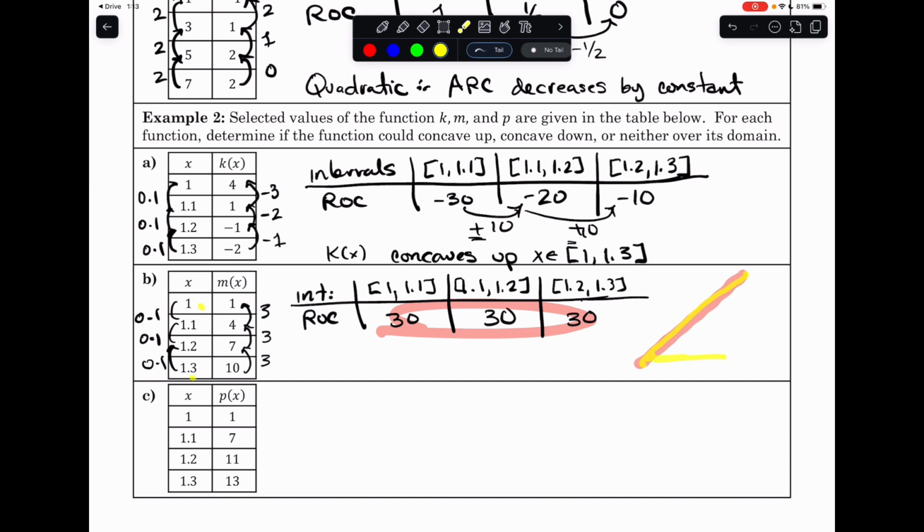So the graph is a straight line. And because it's a straight line, it has no curvature. So it does not concave. So no concavity.